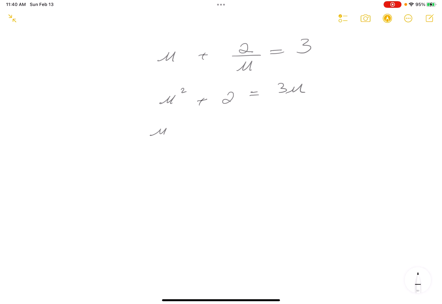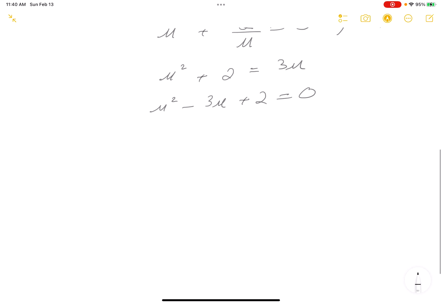What do you get over here? U squared minus 3u plus 2 equals 0. By the way, I want to make sure you understand that u cannot equal 0. All right? What do you get over here? Factoring, u minus 2 and u minus 1, and that does work out. So u could equal 1, or u could equal 2.